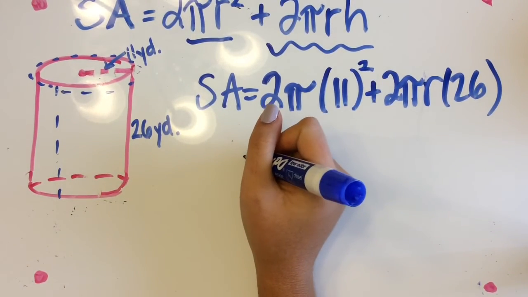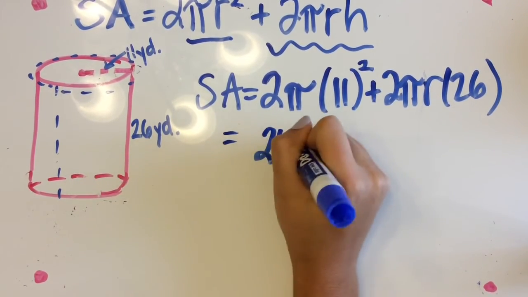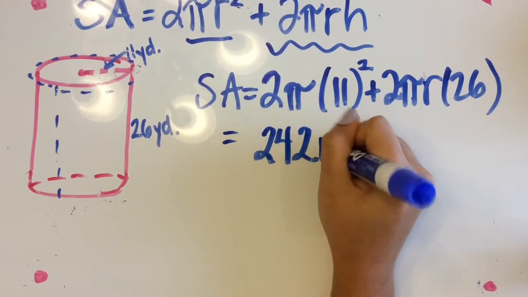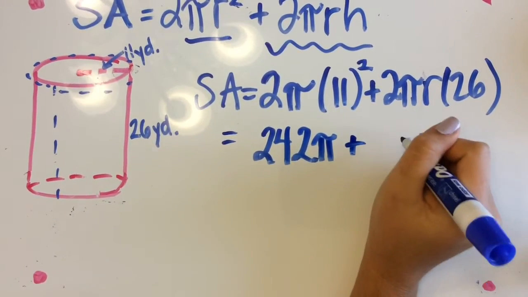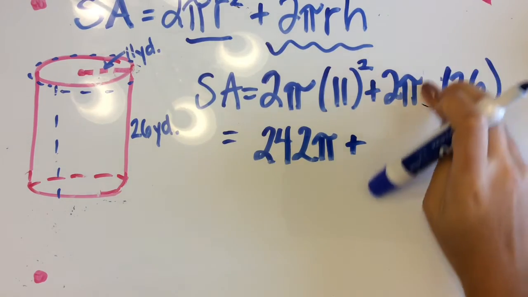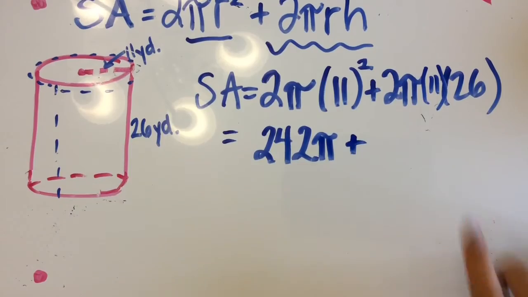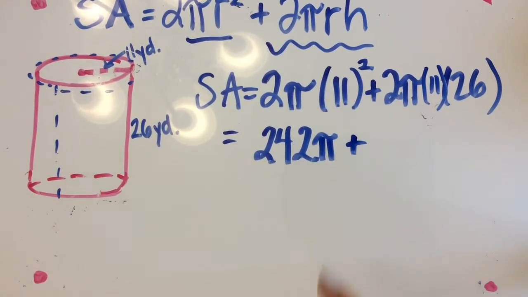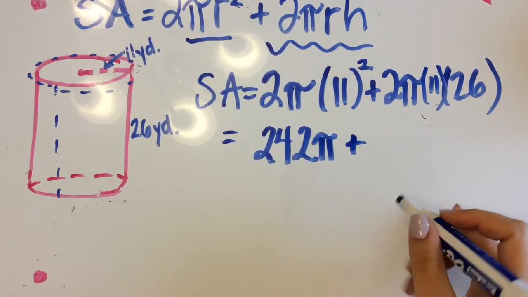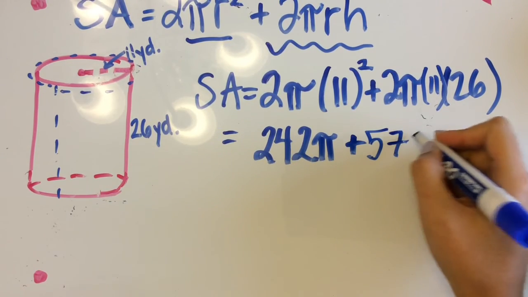Okay, so I end up getting 242 pi plus 2 pi r times 26. R is 11. Okay, now I'm good. So radius is 11, height is 26. Plus 572 pi.